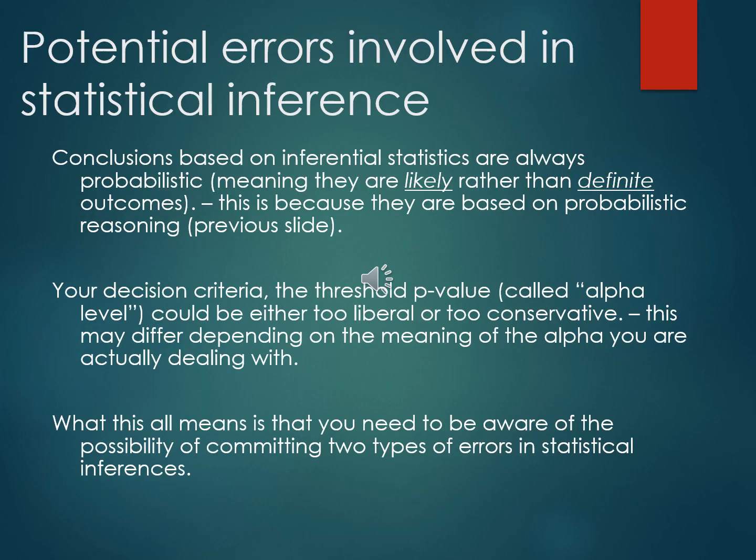So by now, you should be aware that statistical inference, which takes the form of hypothesis testing, has the goal of making inferences about the difference of population means, whether or not two or three population means are different.